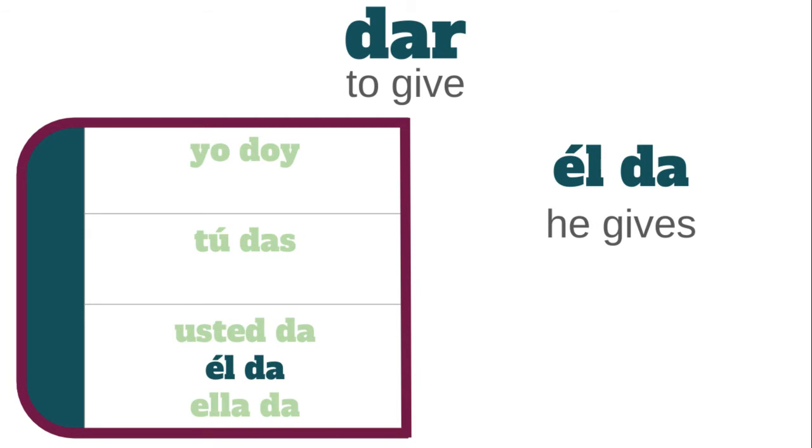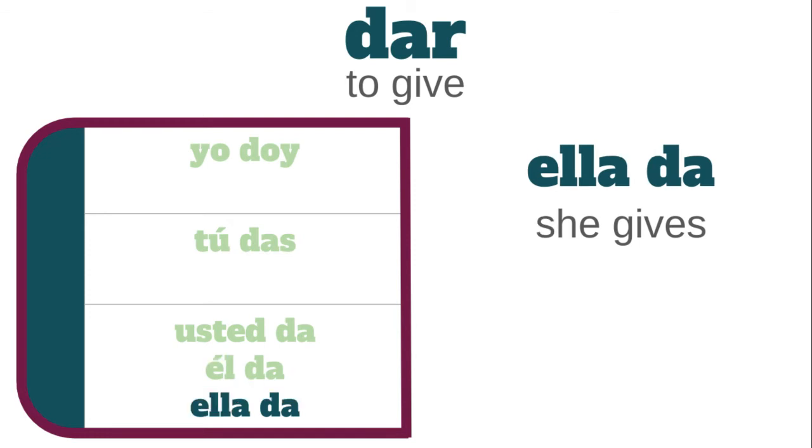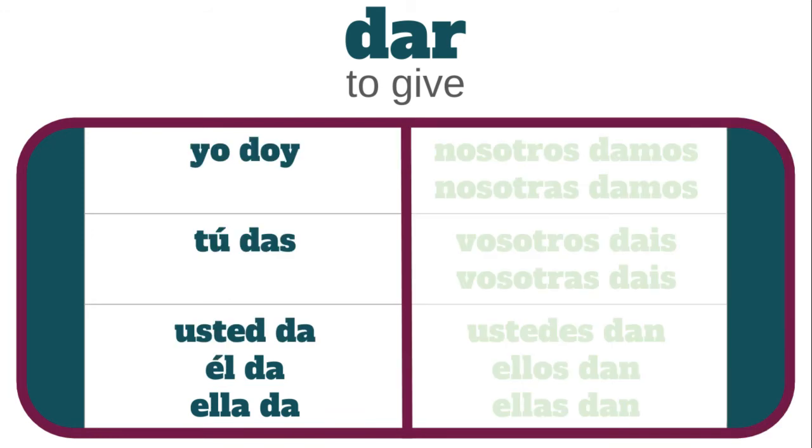Él da means he gives. And ella da is she gives. So our singular forms are yo doy, tú das, usted da, él da, and ella da.